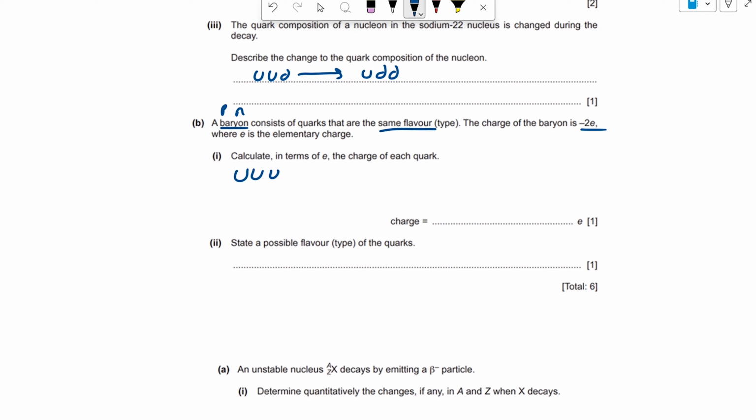Anti-up quarks are equal to minus 2/3 minus 2/3 minus 2/3, and this gives us minus 2, whilst the down quarks are going to be plus 2/3 plus 2/3 plus 2/3, which is going to give us plus 2.